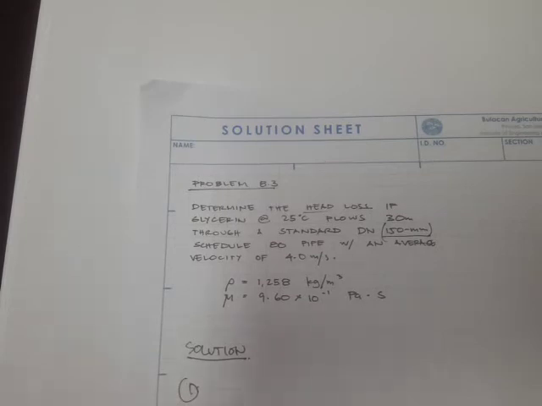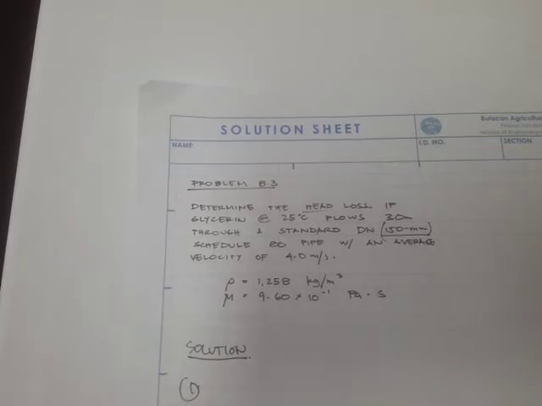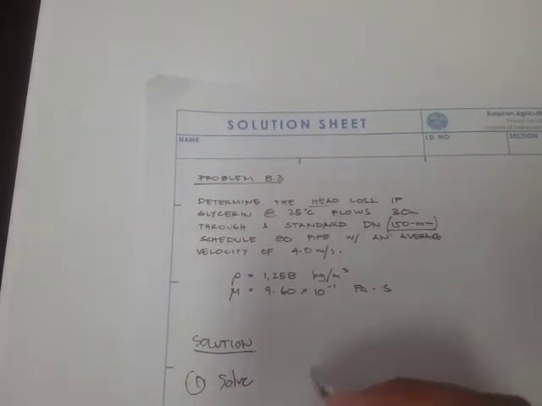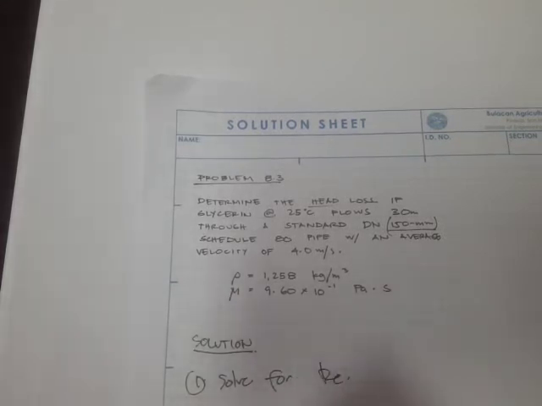And recall that in order to solve for the head loss, we need to find the friction factor, and in order to find the friction factor, we need to determine if the flow is laminar or turbulent. So therefore, for the first step, solve for the Reynolds number.